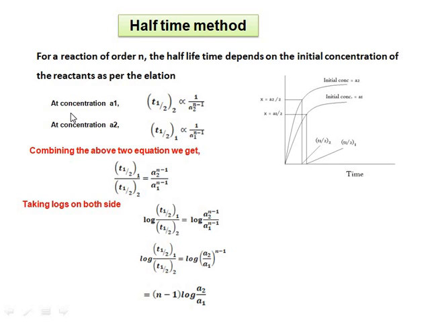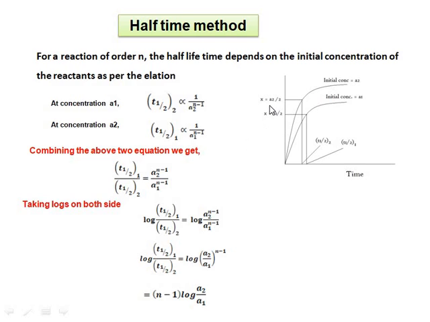For two different concentrations, at concentration a2, t half 2 is directly proportional to 1 upon a2 raised to n minus 1, and at the other concentration, t half 1 is inversely proportional to 1 upon a1 raised to n minus 1.